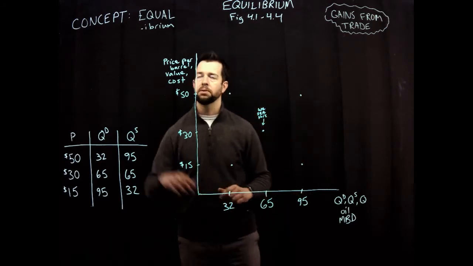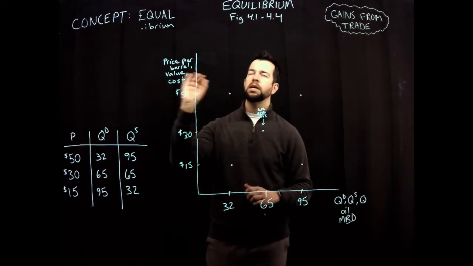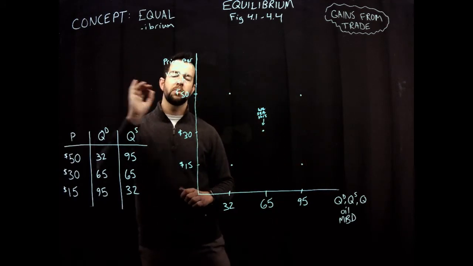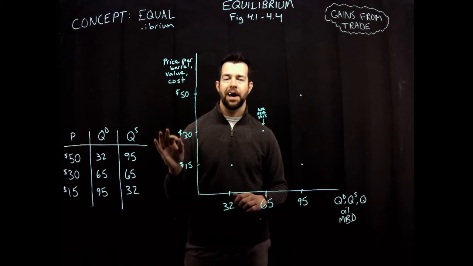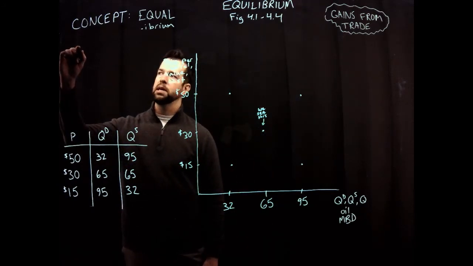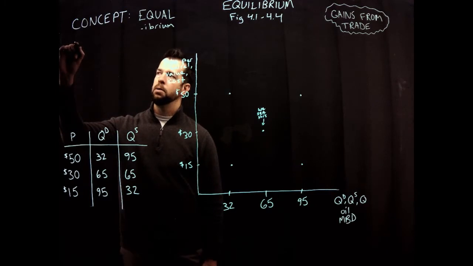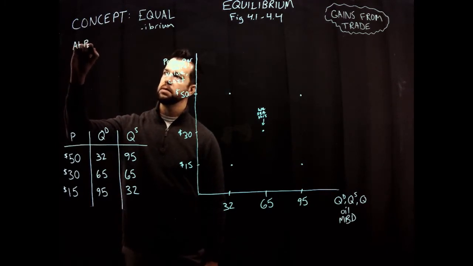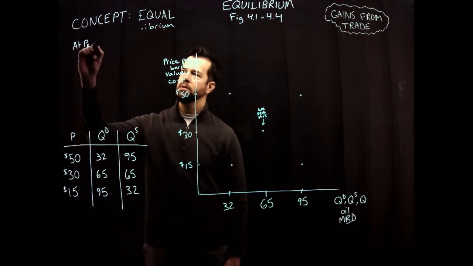All right, so concept, equilibrium, state of rest, as I point out. But at this equilibrium, once we reach it, things are actually equal, okay? So what we can do here is we can label this PE, okay, and that's going to be equal to 30.